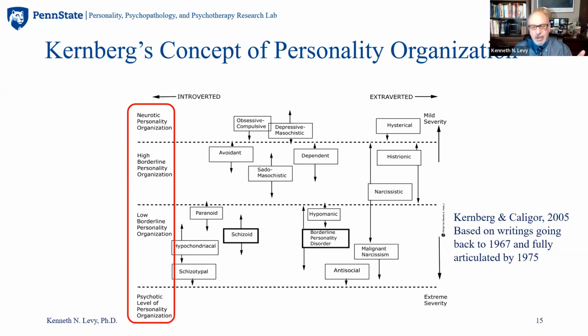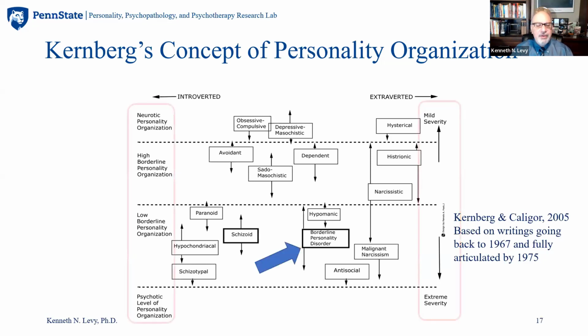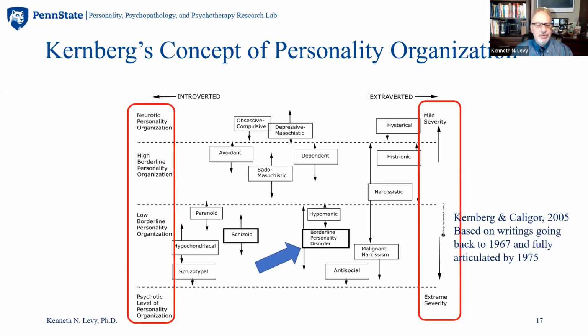He also talked about this in terms of severity of the pathology, and that's very much consistent with this alternative model conceptualization. And you can see here that borderline personality disorder is in the low borderline personality organization level.